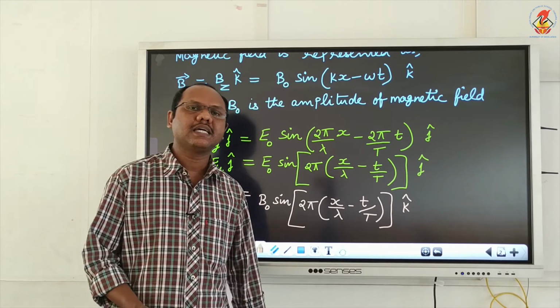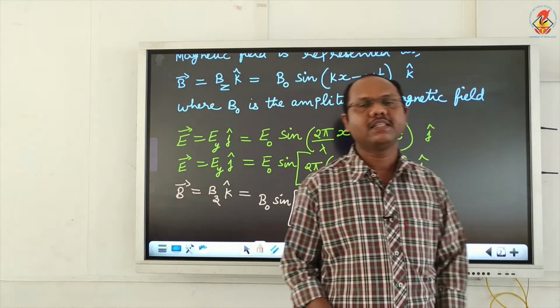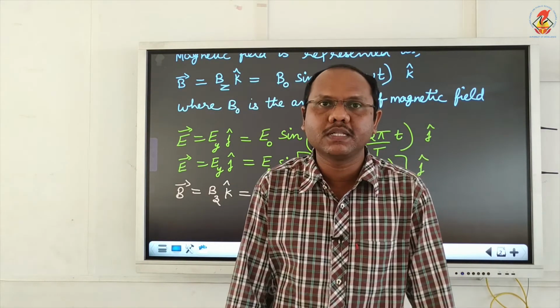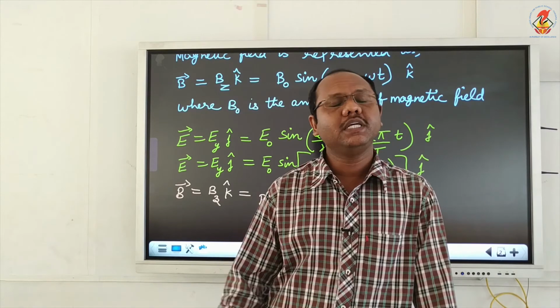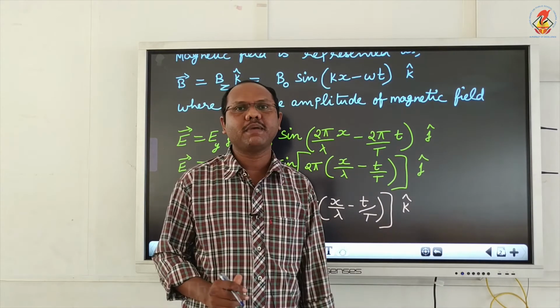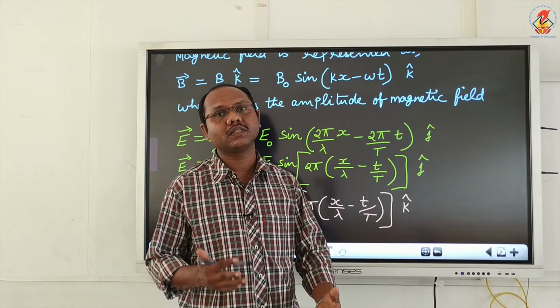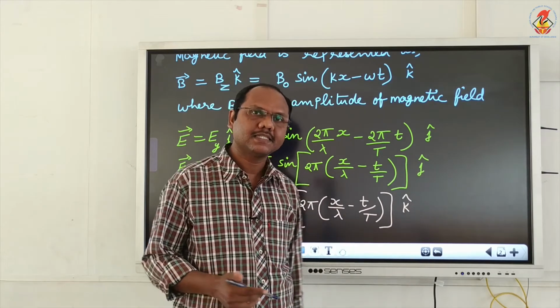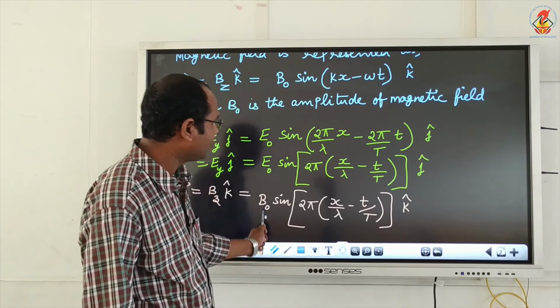Okay, so these are the expressions when the wave is propagating along the positive x axis. Now what will happen if an electromagnetic wave is propagating along the negative x axis? Let us see.